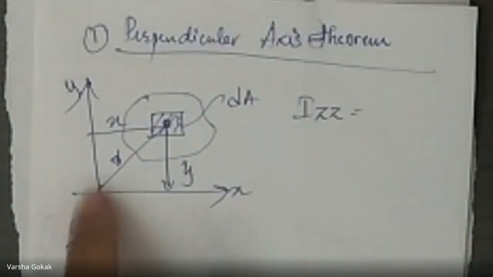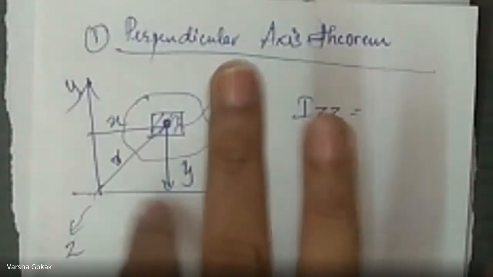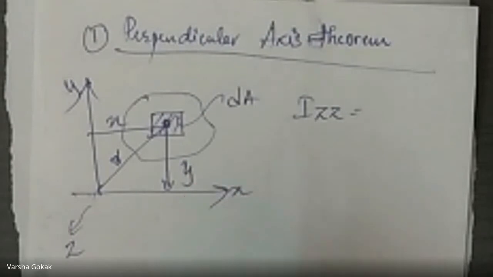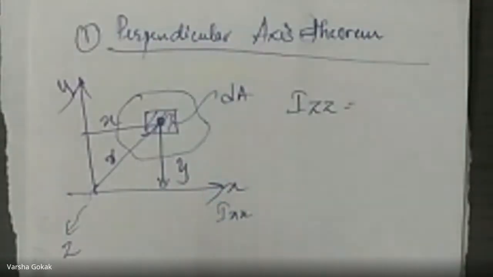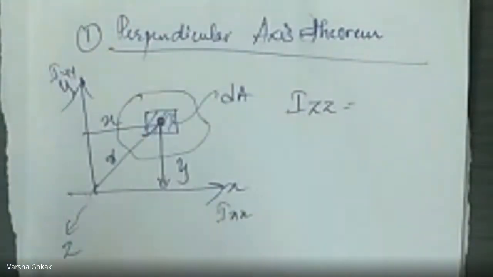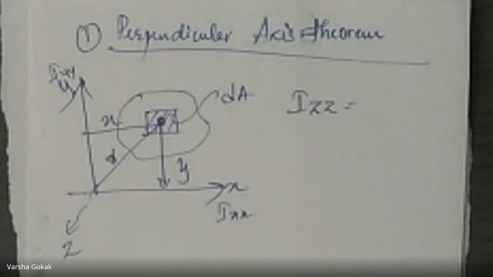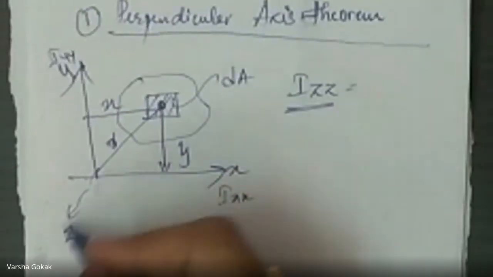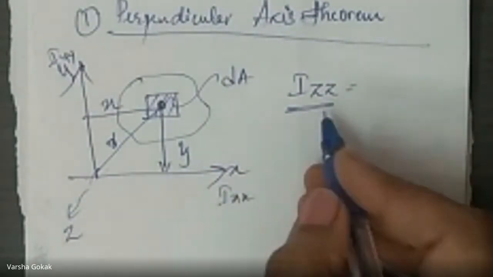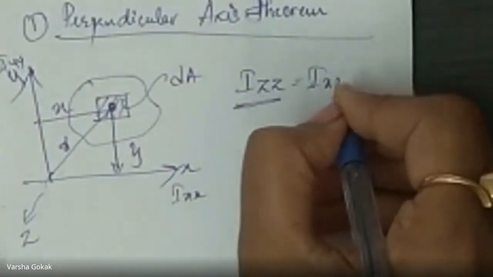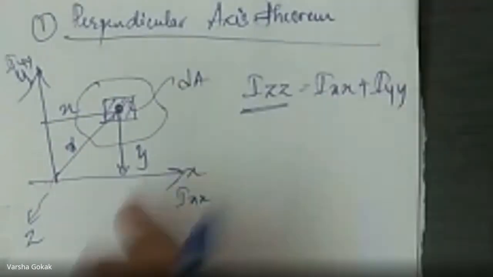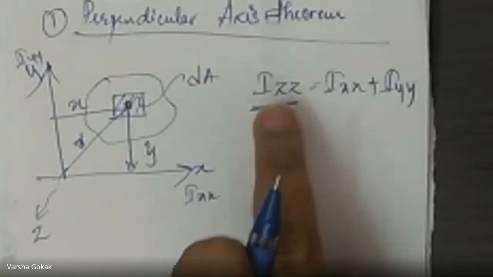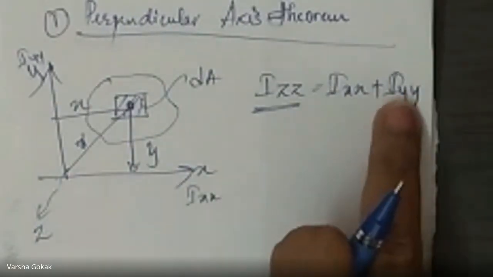So in a 3D figure, x, y, z are three axes which are mutually perpendicular. So if I have the value of Ixx, that is, moment of inertia about the x-axis, and the value of Iyy, moment of inertia about the y-axis, then I can easily get the third perpendicular one, that is Izz, as the sum of moments of inertia about the other two axes. So Izz is going to be the sum of Ixx plus Iyy.